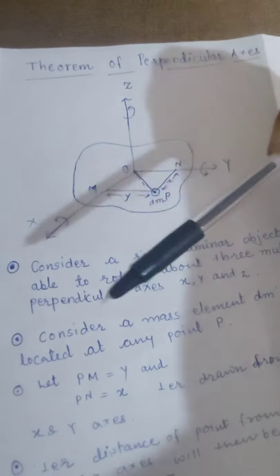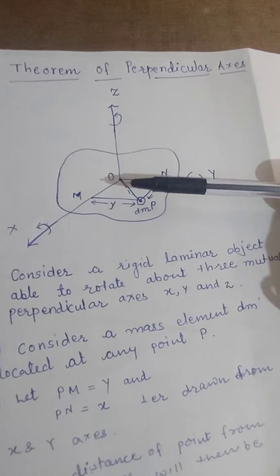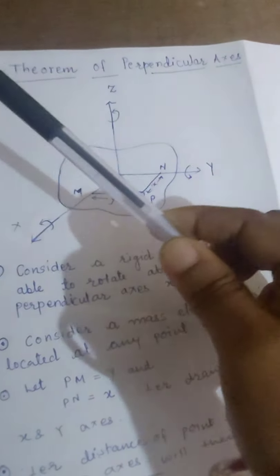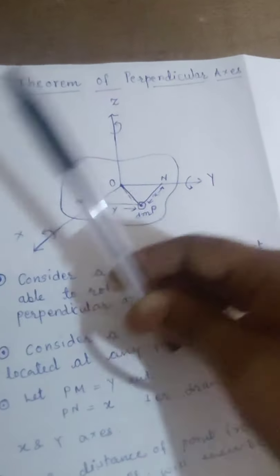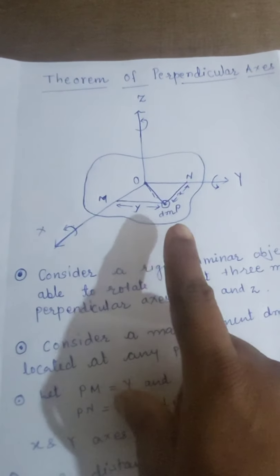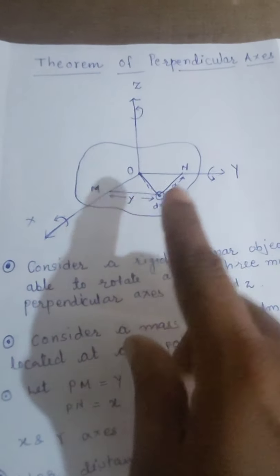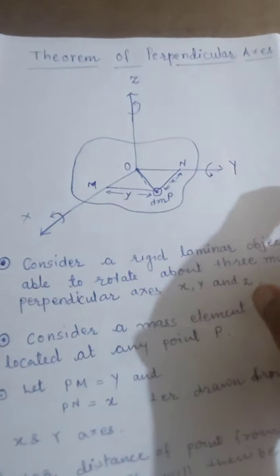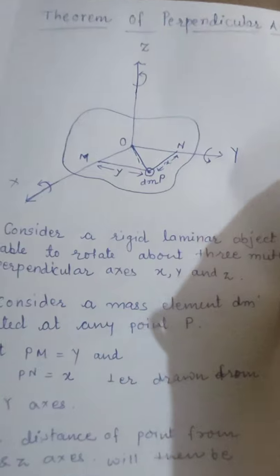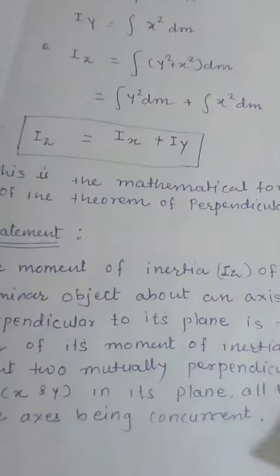About the y axis, the object will rotate like this, and about the z axis it will rotate like this. In this way we can find out the moment of inertia when it is rotating about any one of these axes, x, y or z. The mathematical expression is Iz equals Ix plus Iy.